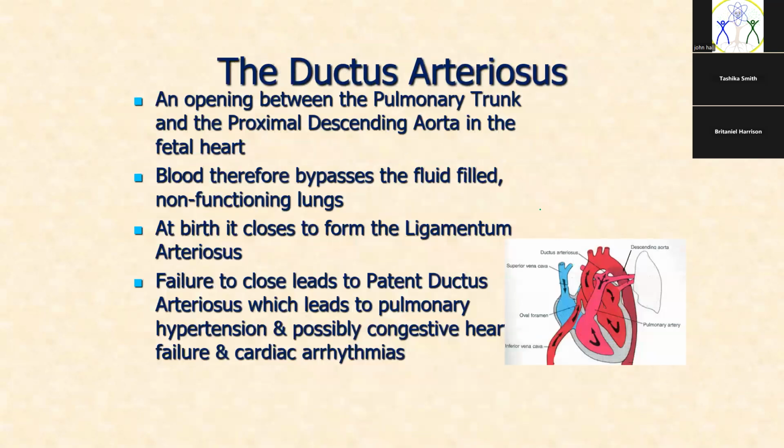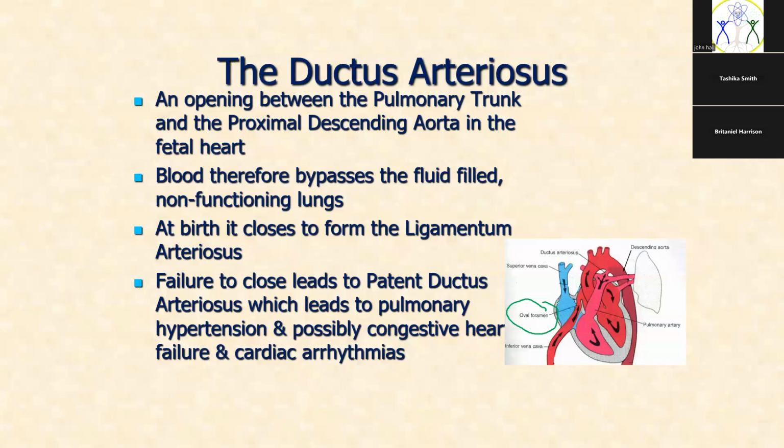Did I mention ductus arteriosus? No, I don't think so. No. Okay. Ductus arteriosus. The ductus arteriosus here. Remember, I mentioned the foramen ovale earlier, right? Or oval foramen. And I said to you, the foramen ovale connects the right atrium and the left atrium when you're in the womb.